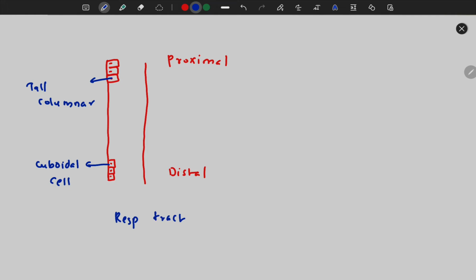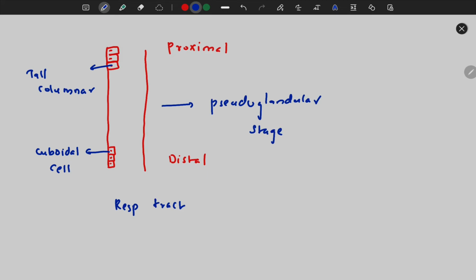So altogether, when you are looking at the developing lung, it looks like a tubulo-alveolar gland, but it is actually pseudo-glandular. That's why this stage is called the pseudoglandular stage. And the mesenchyme around here will give the cartilage, the muscles, and the fibroareolar stroma.